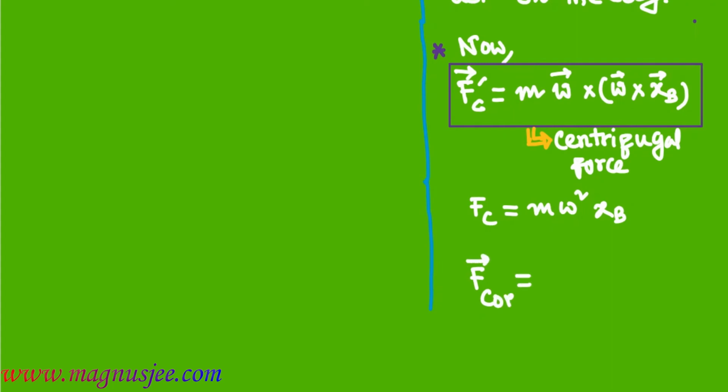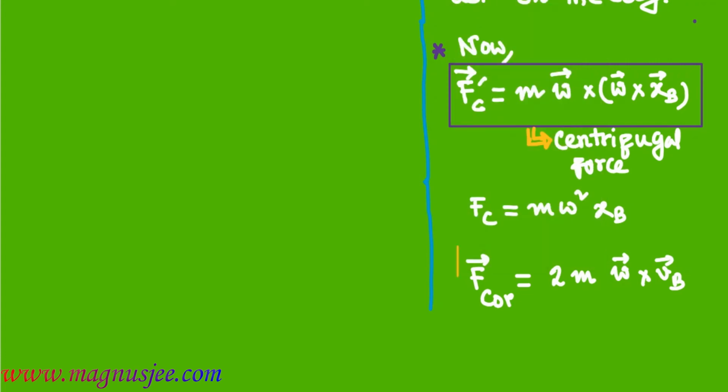The expression of Coriolis force is vector F Cori equal to 2m, twice the mass, times vector omega cross vector vb. This is the expression of Coriolis force.